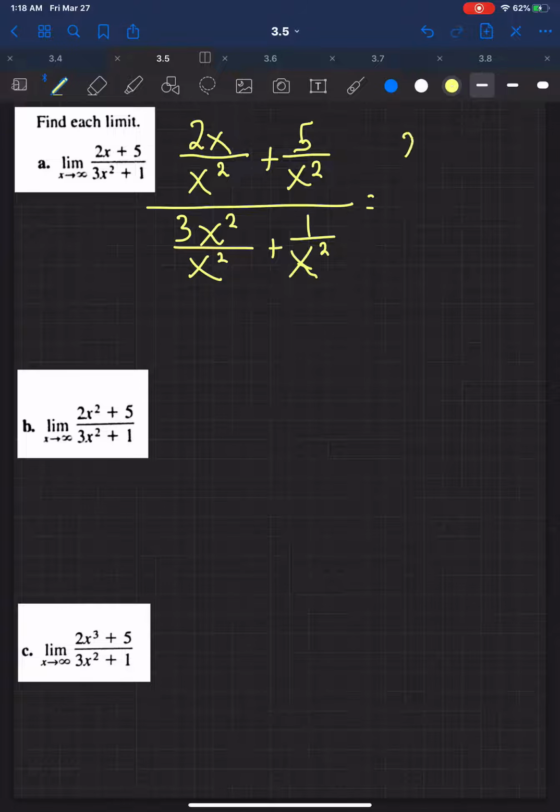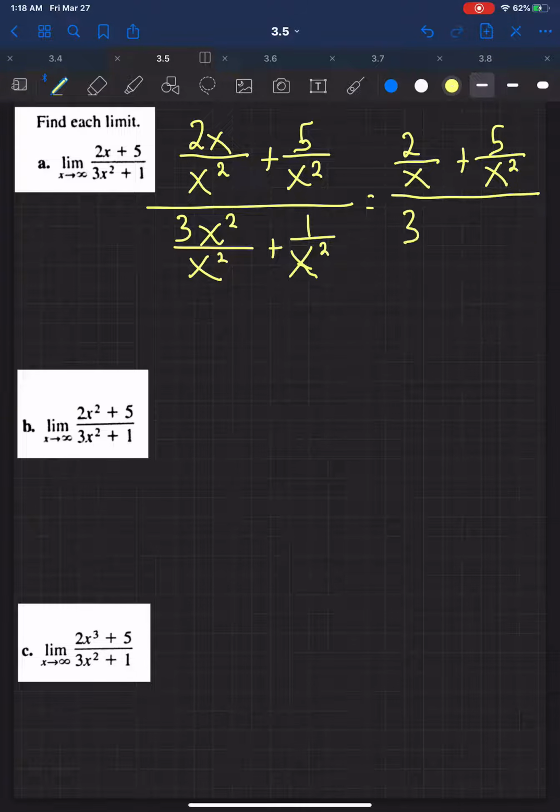So this ends up being 2 over x plus 5 over x squared, over 3 plus 1 over x squared. Are you with me?